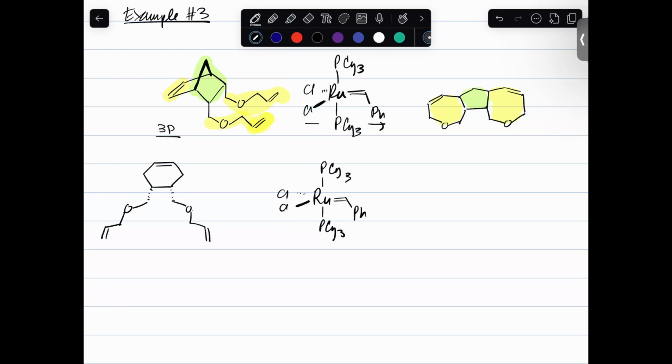And of course, please notice I need to draw out my bridge, so I need to draw it wedged, coming out towards you. So there's my bridged system.